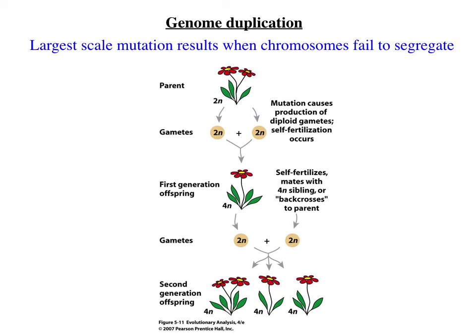And unite its gamete with some other gametes for producing a second generation of offspring and sort of establishing a lineage of tetraploid plants. The big advantage of this is that you're doubling the amount of genetic material that you have, therefore really ramping up the potential to evolve.